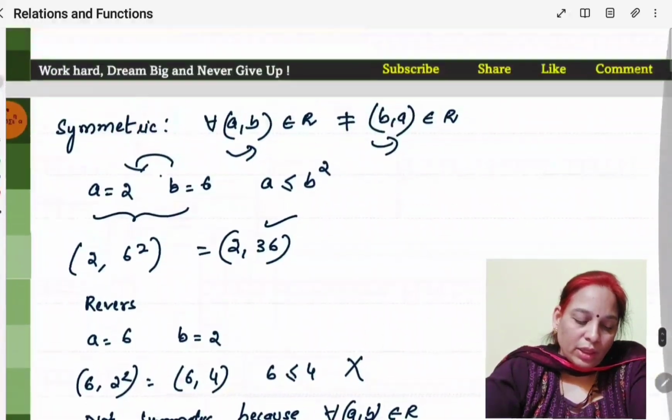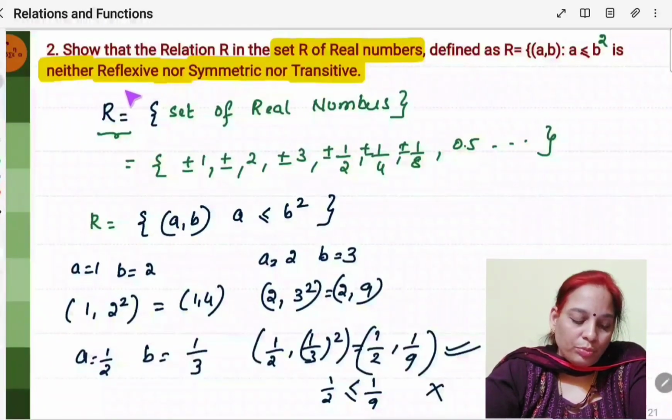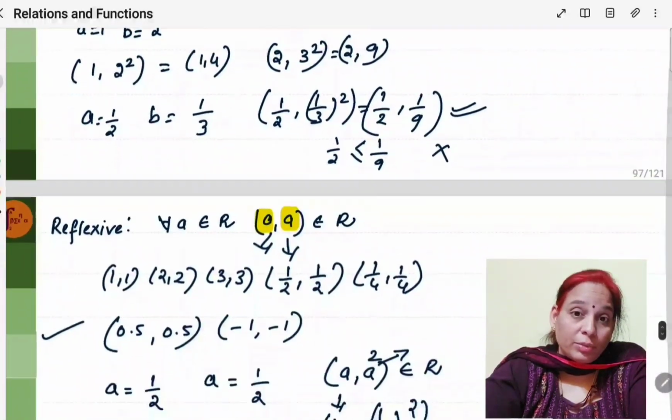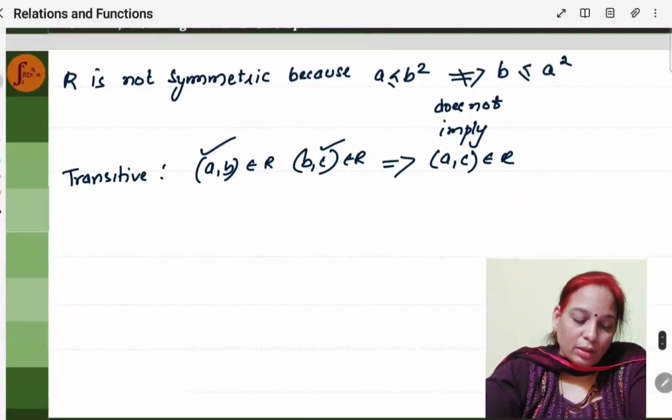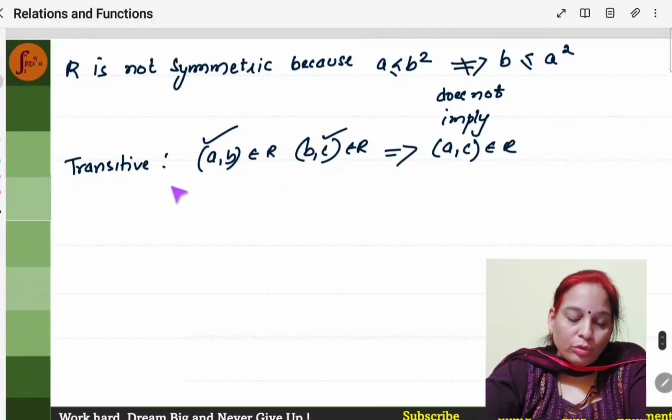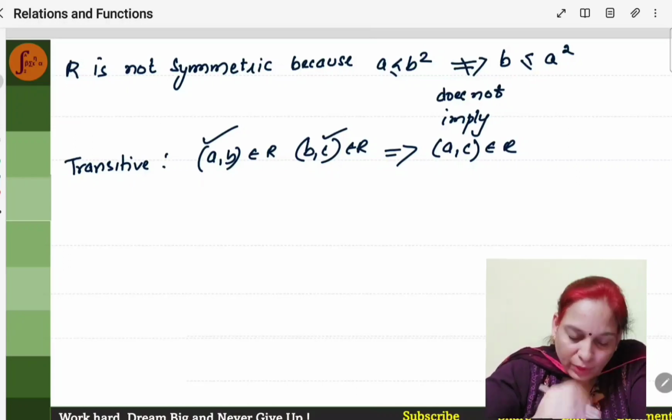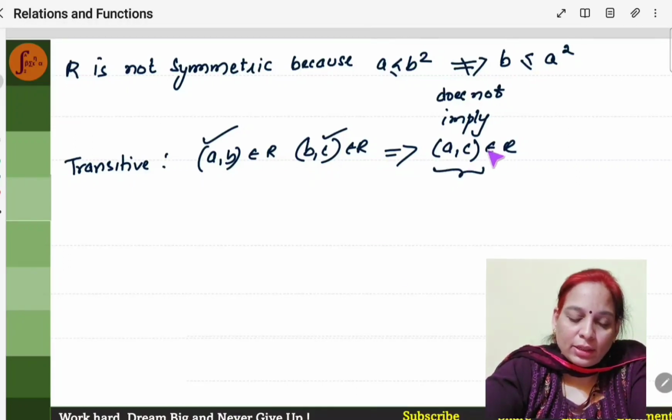In all of these cases, they've asked to prove that it is not reflexive, not symmetric, not transitive. So you have to disprove, right? So for that, you'll always have to take an example where you can prove that it is not transitive. We'll have to take a case where AC does not belong to R, that is, the first element and the fourth element should not satisfy this condition.